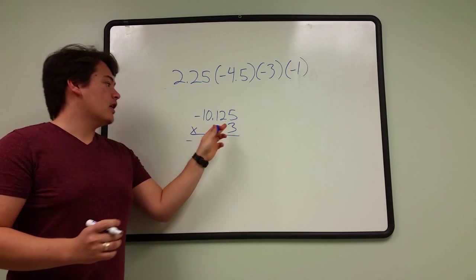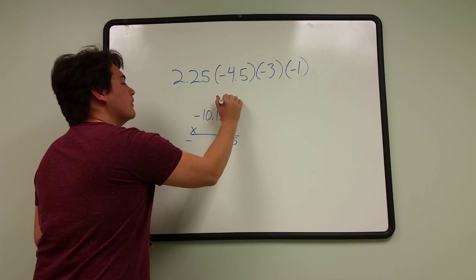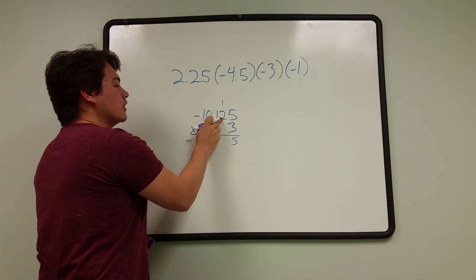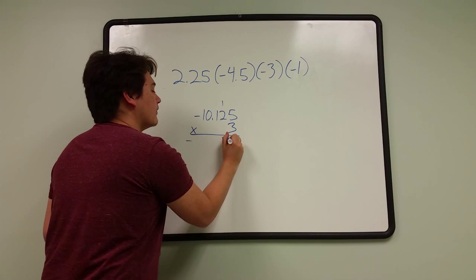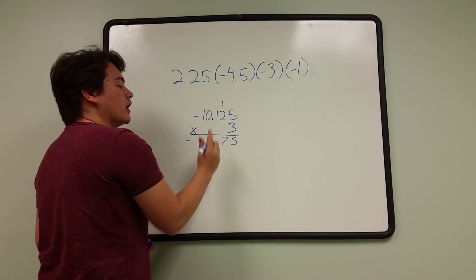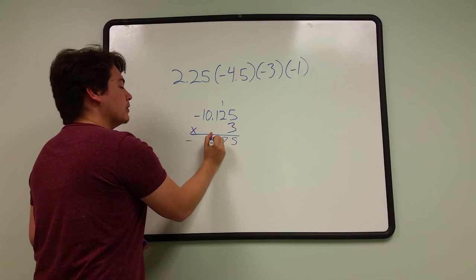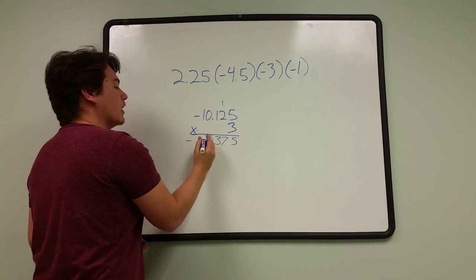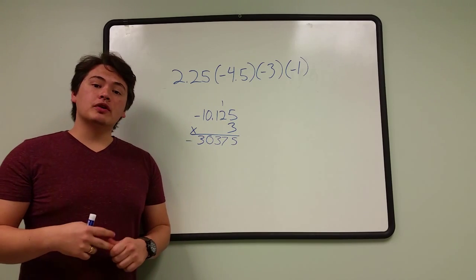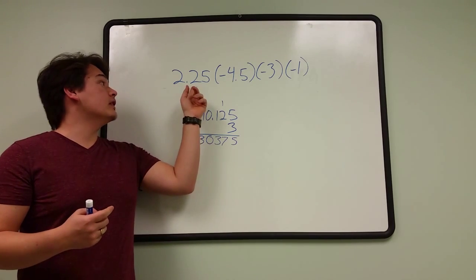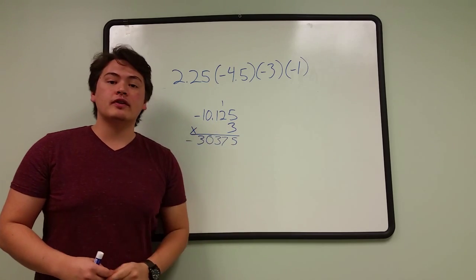So let's begin. 3 times 5 is 15. Bring down the 5, carry the 1. 2 times 3 gives me 6, plus 1 gives me 7. 3 times 1 gives me 3. 3 times 0 gives me 0. And 3 times 1 gives me 3. So much like what we did when we were multiplying these numbers with decimals, we're going to count how many numbers are beyond the decimal.